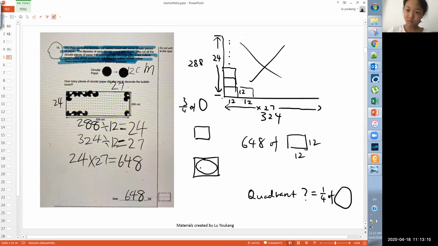So inside one piece of square, you have how many quadrants? 1, 2, and 3. Right? So inside one piece of square, you have 3 quadrants.